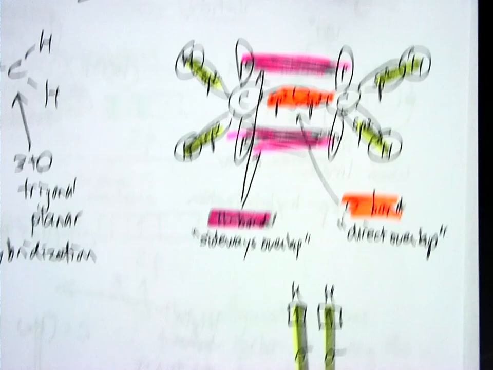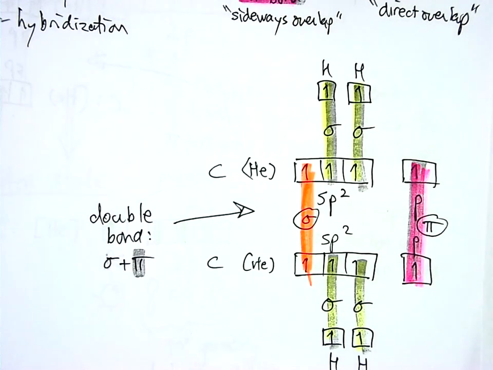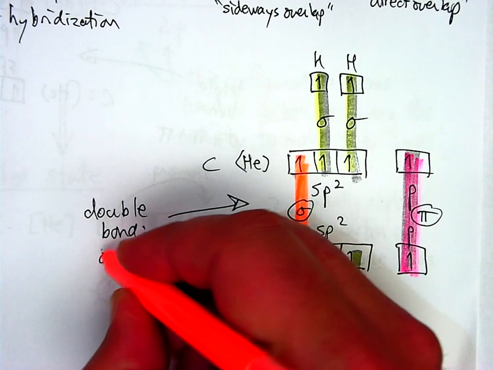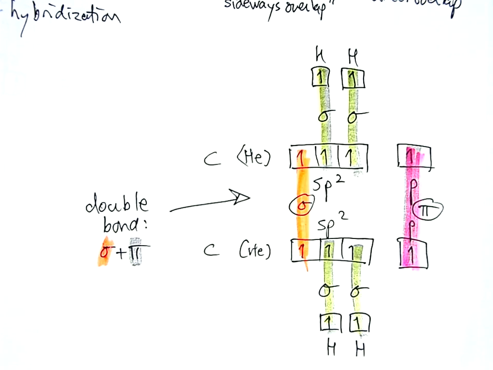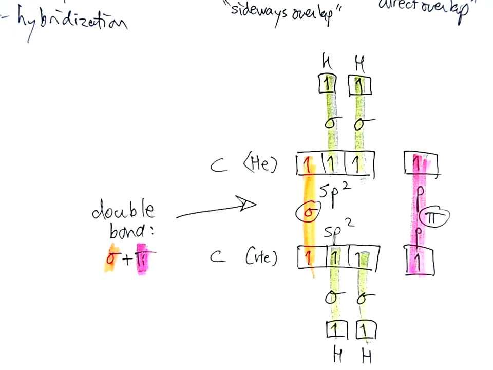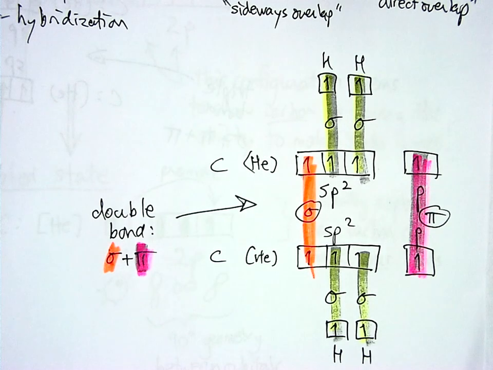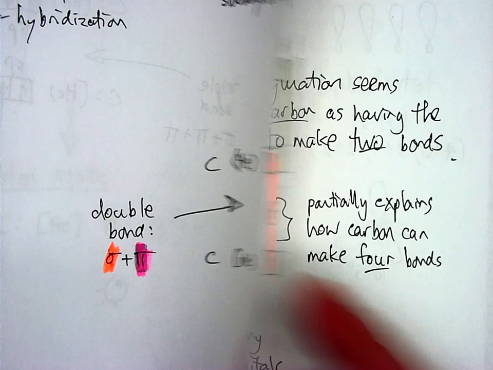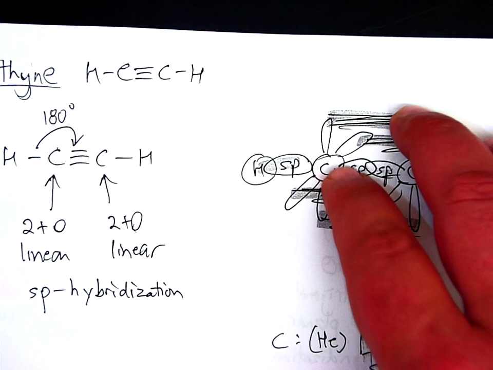So what this tells us basically is a double bond is made up of two different types of bonds. A sigma bond, which is that direct overlap, plus a pi bond, which is that sideways overlap. So keep that in mind. When we progress to ethyne, we see something slightly different happening as well.